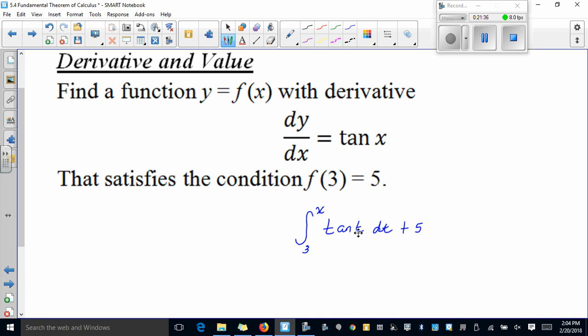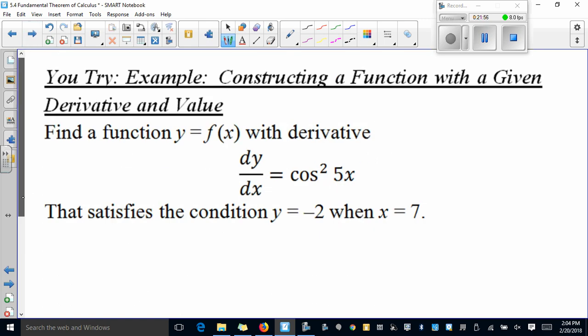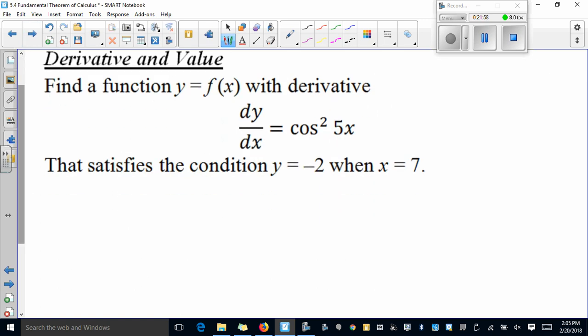Okay, so let's try this one again. So I want cosine squared of 5x. I want y to be -2 when x is 7. So we write out the integral. X is on top, and the 7 is on bottom.